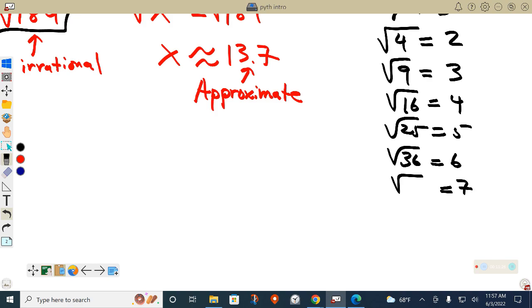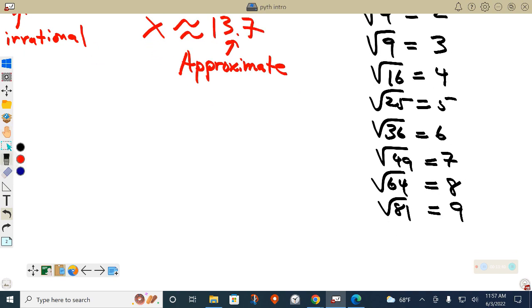So 7 times 7 is 49. Look at, you could go the other way, just multiply 7 times itself. We got 8, we got 64. 9, we got square root of 81. We'll go up to 10. How about that? Careful. What's 10 times 10? You're awesome.